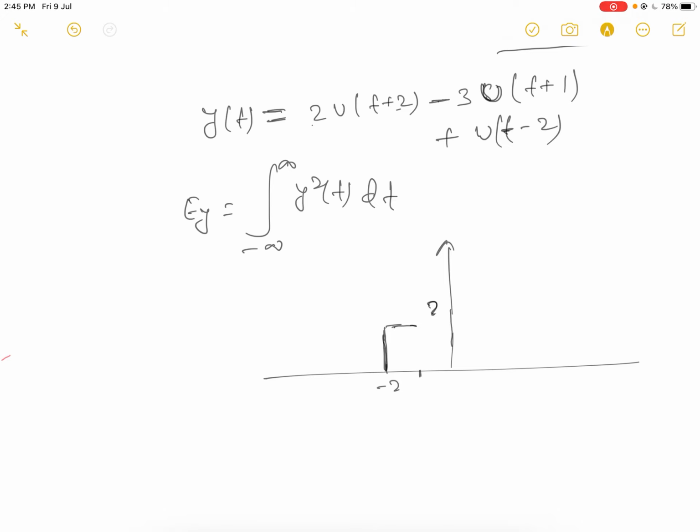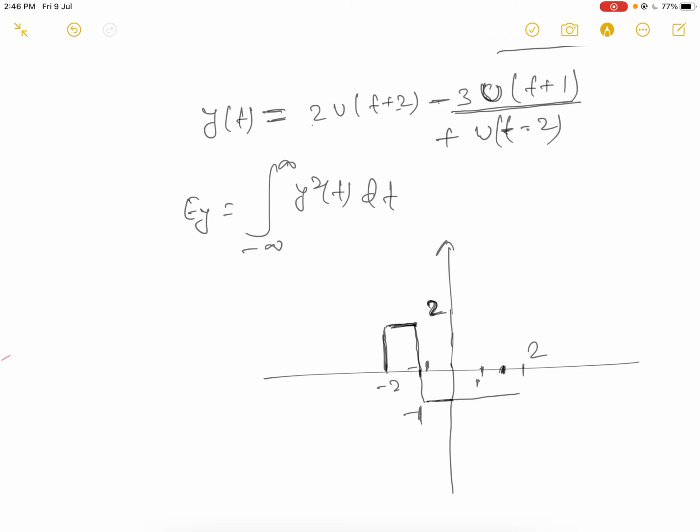At -1 another signal with magnitude -3 is present, so we subtract 3 and the magnitude becomes -1. It goes up to 2, where another signal of magnitude 1 is present.